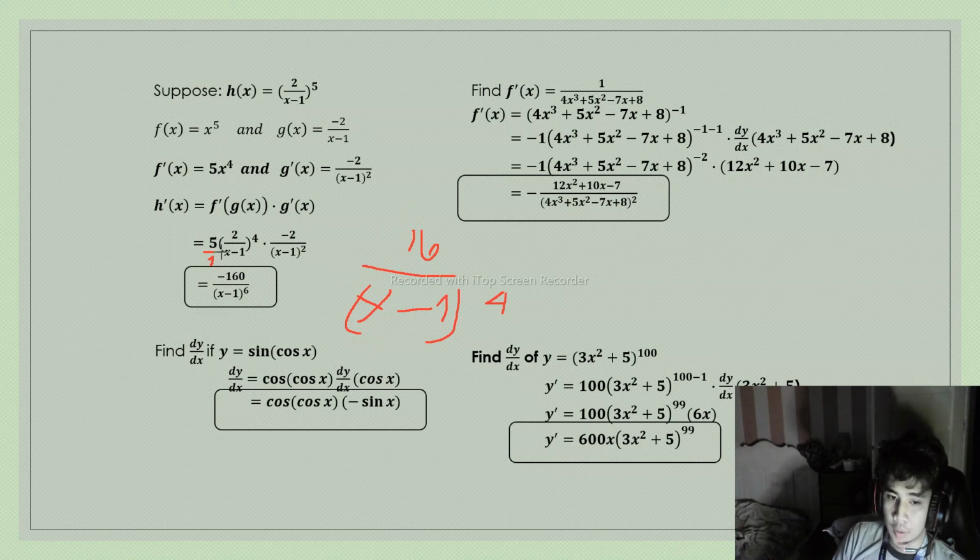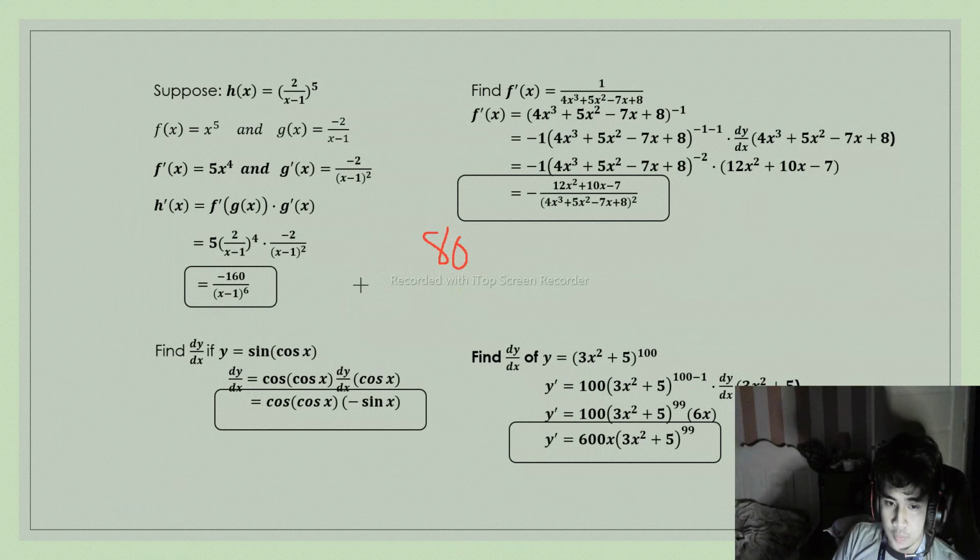Then, 5 over 1 is equal to 5 over 1. Then, multiply natin. 5 times 16 is equal to 80 over x minus 1 raised to 4.